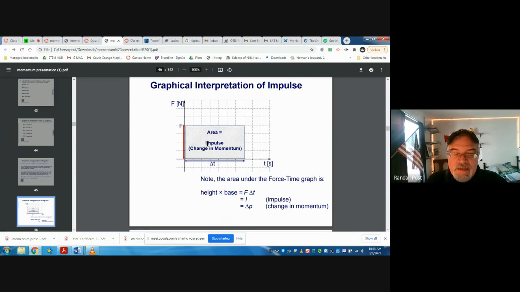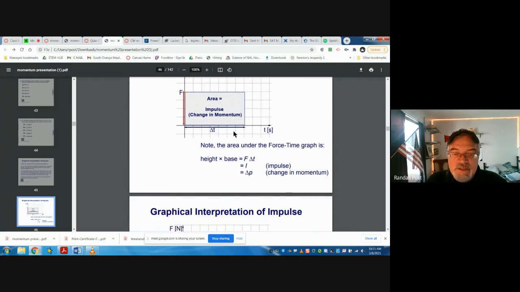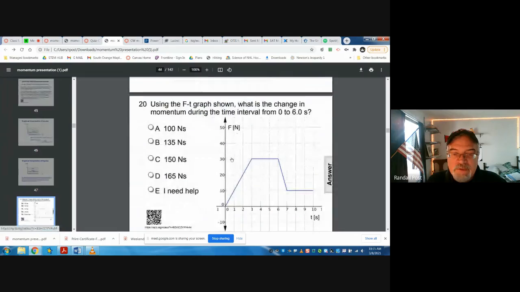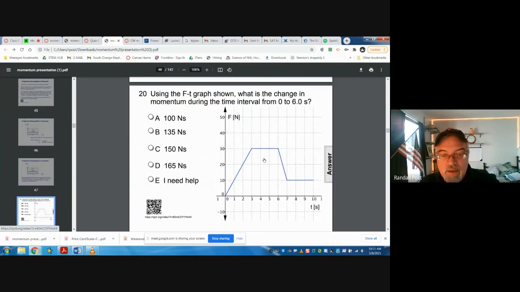This comes in handy when this force is not constant. What if we have a changing force? For example, look at this graph. Suppose the force is increasing for the first 3 seconds. Then it's constant from 3 to 6 seconds.